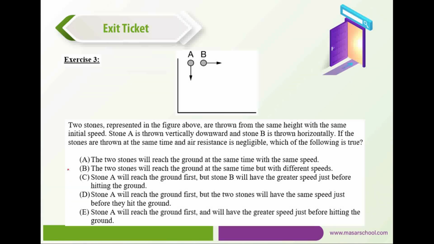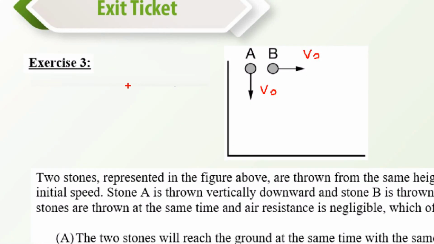Then the final exercise for today's video is given as an exit ticket, exercise 3. Two stones represented in the figure above are thrown from the same height with the same initial speed. So then basically this is an initial speed v0. Remember that in the previous video we have mentioned that the impact speed is given by two cases.